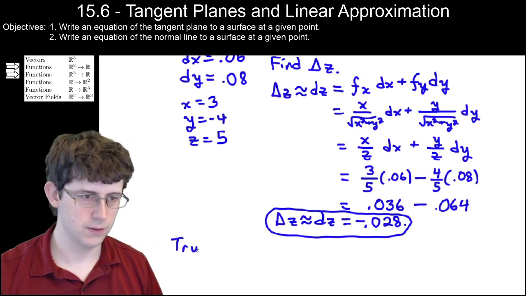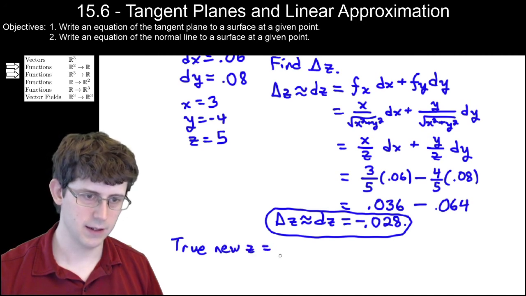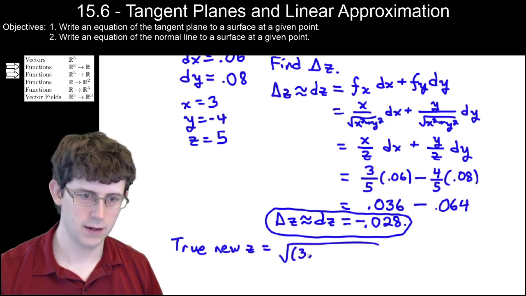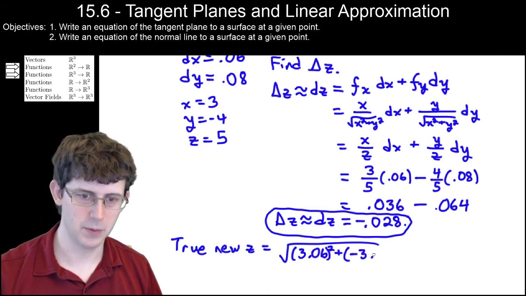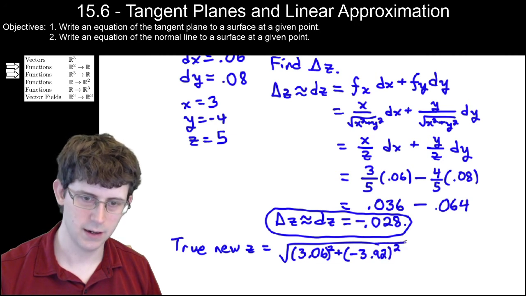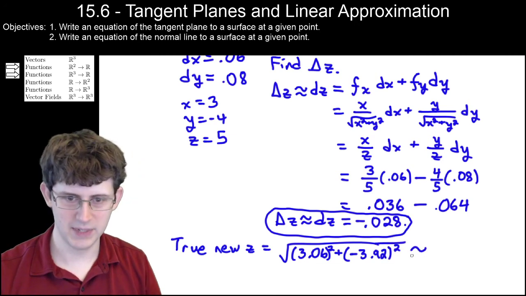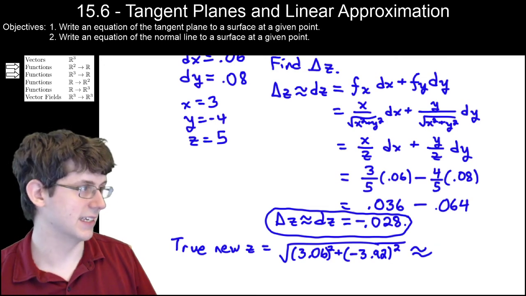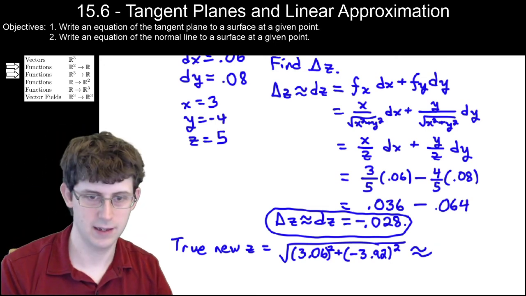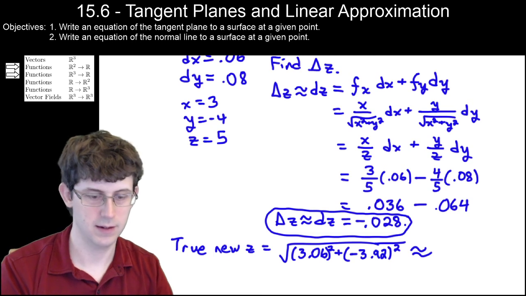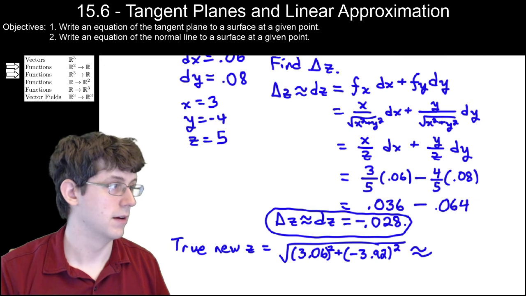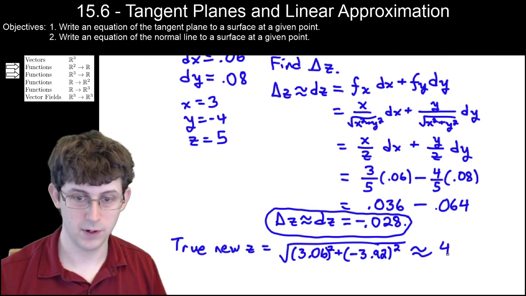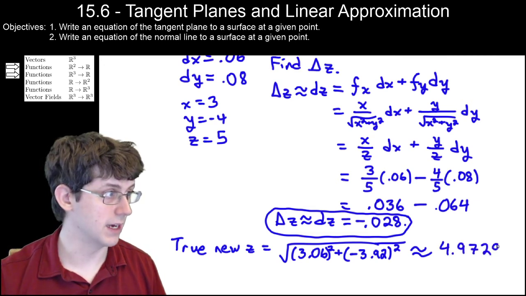So the true new value of z is square root 3.06 squared plus negative 3.92 squared. I'm still not going to get the exact value because the calculator is not going to be able to do that, but I get 4.972927.